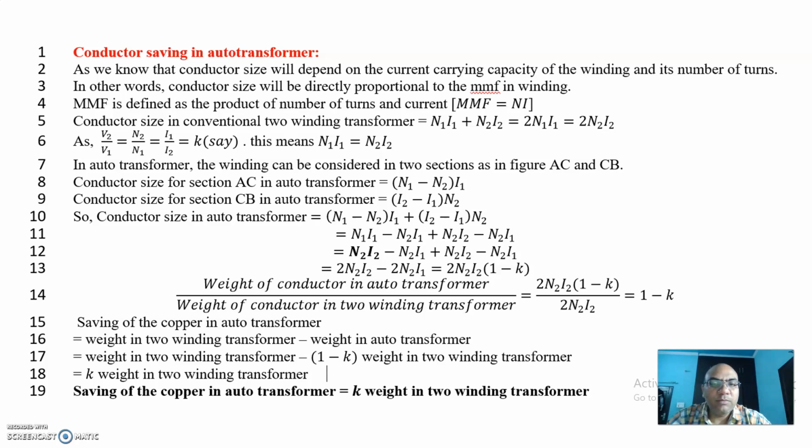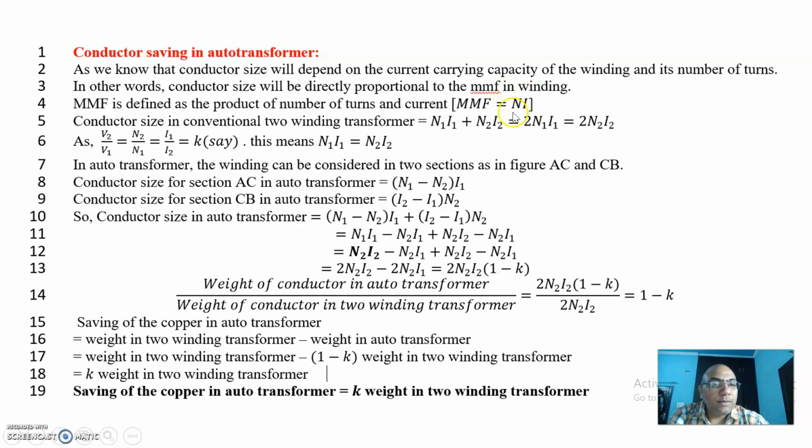So how can we calculate the conductor saving in an autotransformer? See here, as we know, conductor size will depend on the current carrying capacity of the winding and its number of turns, right? In other words, conductor size will be directly proportional to the MMF in the winding. In previous classes, I have told you that MMF is defined as number of turns into current.